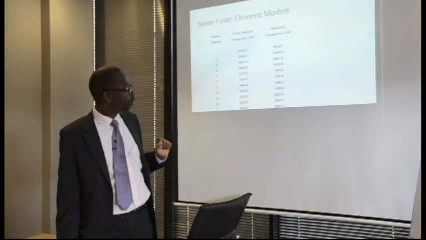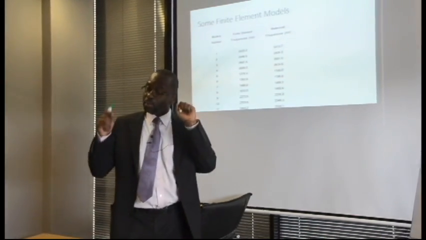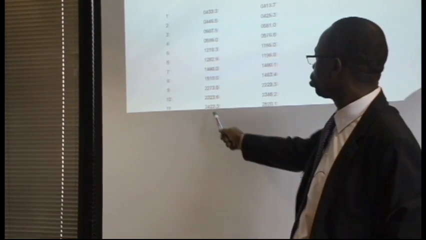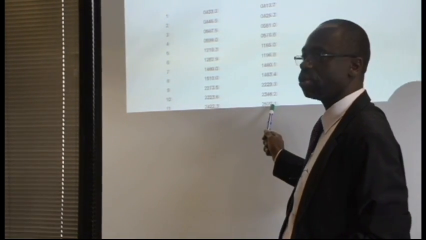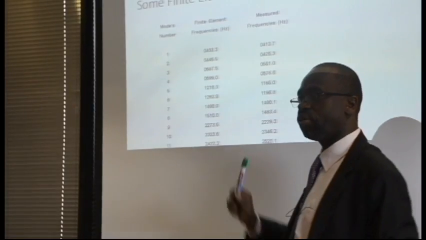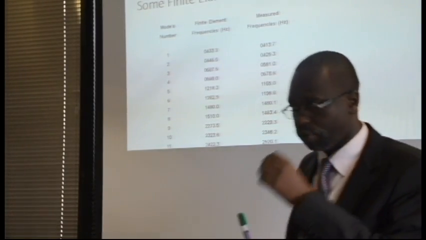At the same time, we measure the real cylinders in a lab, and we get the measured natural frequencies. Now, what is the problem? This is the lab, this is what the model does. You can see that 2422, 2520, a little bit of a distance. 433, 413, quite a bit of a distance, and so on and so forth.